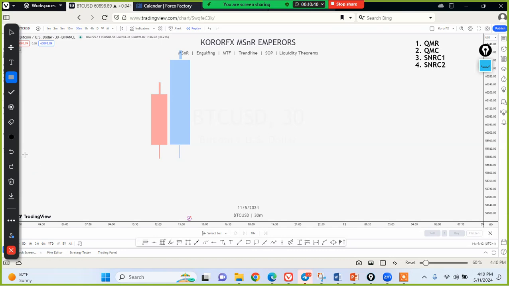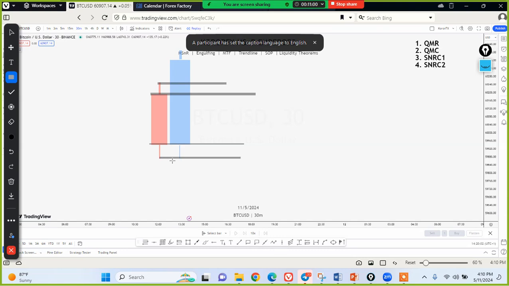The wicks you see here are a manipulation point. What I always mark is the body. The difference between this body and the low of this wick is a zone. This is a zone, right?